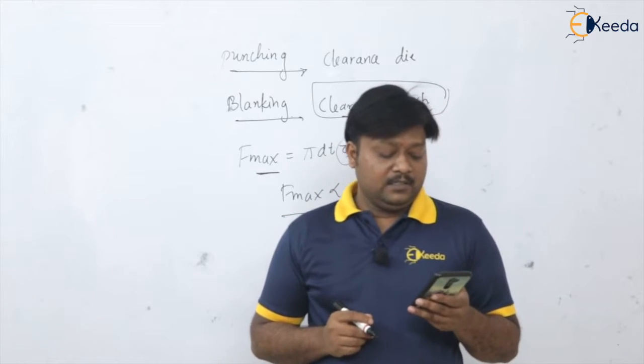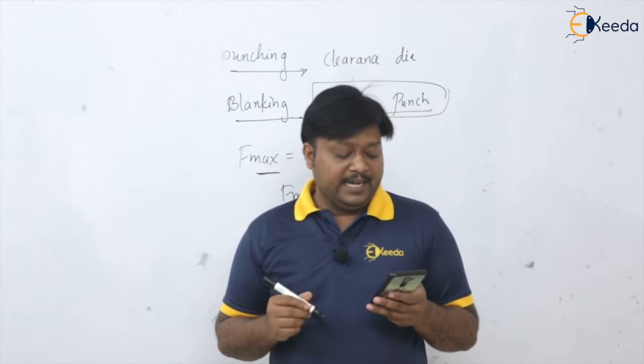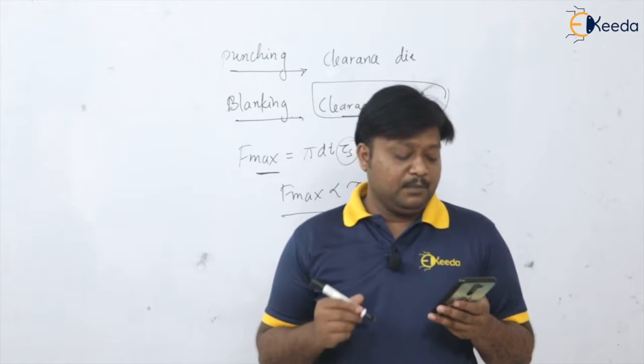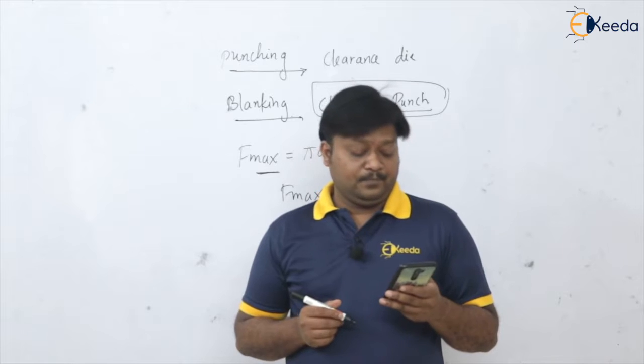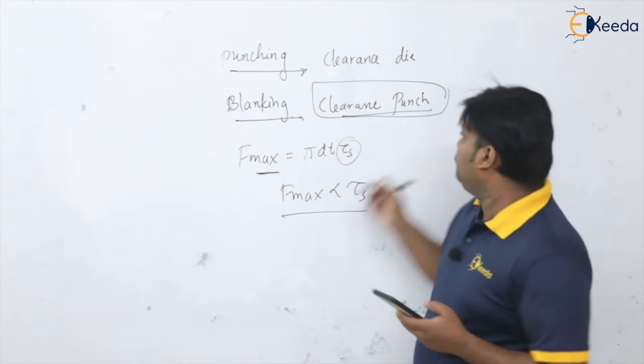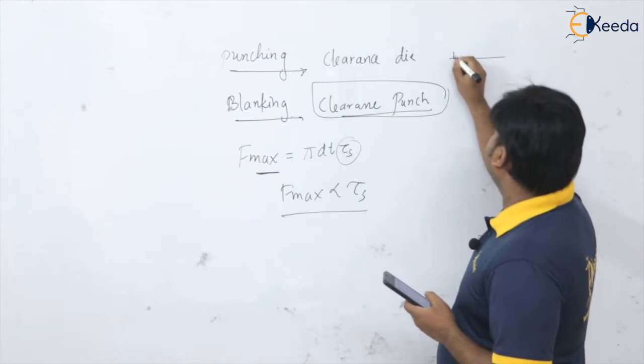Next question. In progressive die, spring loaded stripper plate is used to clamp the stock until, you know, the spring loaded strippers we are using on the flange portion.